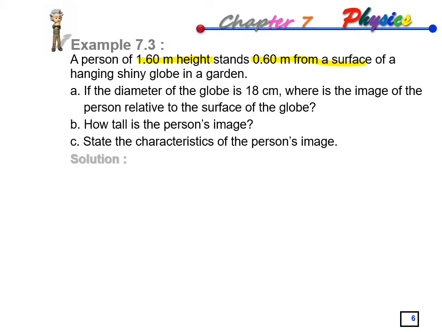If the diameter of the globe is given as 18 centimeter, where is the image of the person relative to the surface? They want to determine the image distance. And B, how tall is the person's image? The height of the image, and then the characteristic.